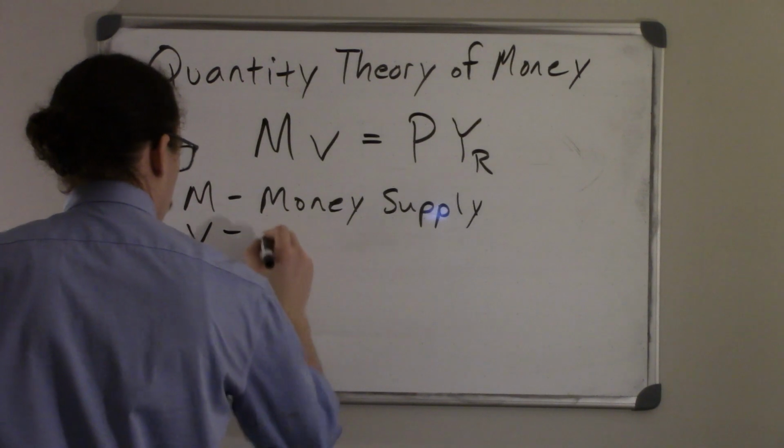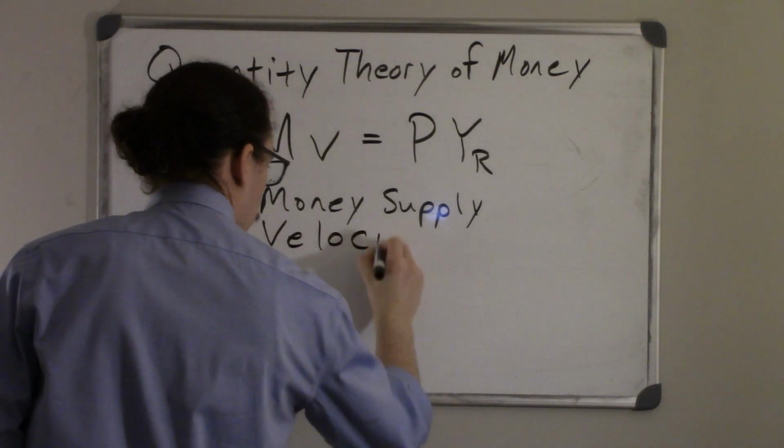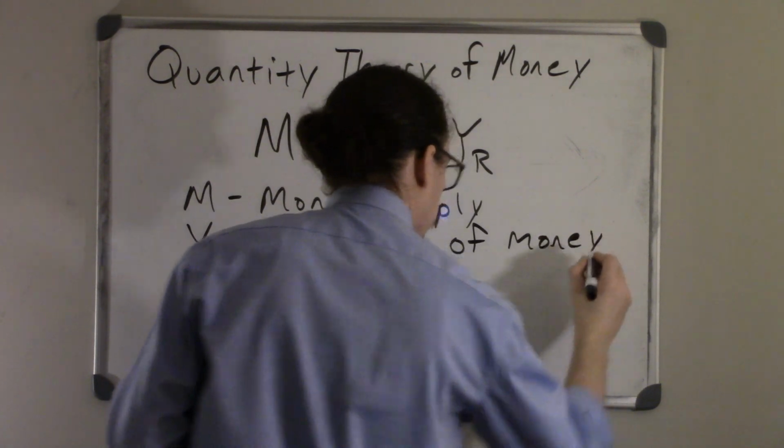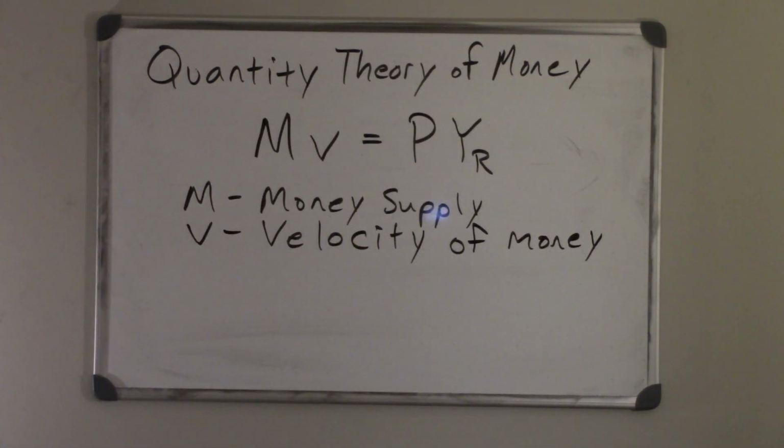V is the velocity of money. We'll write up a definition for the velocity of money here in a little bit, but it's the average number of times in a year that a dollar is spent on final goods. So how many times does a single dollar circulate through the economy in a single year?